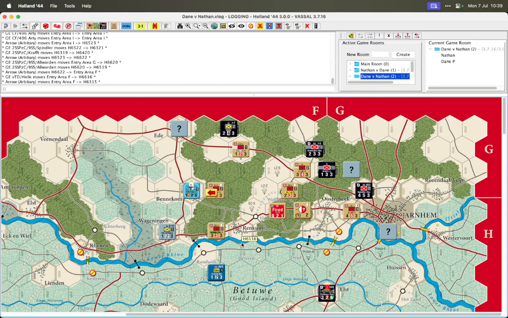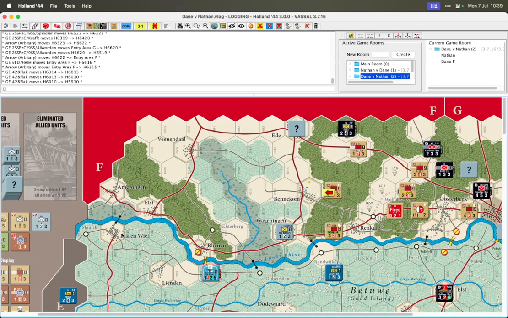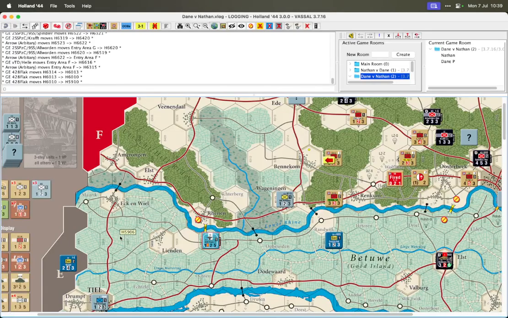So it's +2 to leave zone of control. I'm going to go down the road 3 hexes. That's 1, and then add the 2, so that's 3 to get there. 4. This is just a regular underdeveloped road. 5, 6, 7.